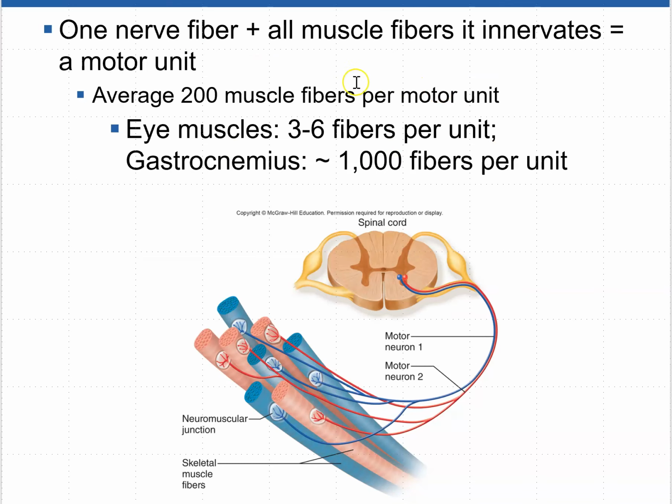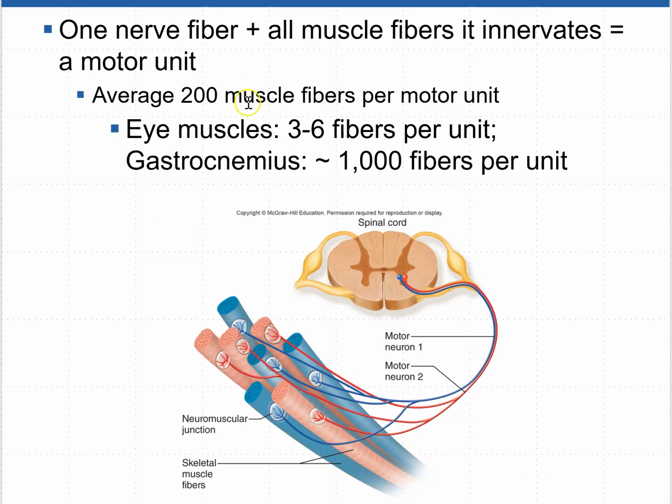Now, a motor unit is one nerve fiber and all the muscle fibers innervated by it. And usually a single motor unit contracts in unison, so they contract together. For effective contraction, it usually requires the contraction of multiple motor units all together.